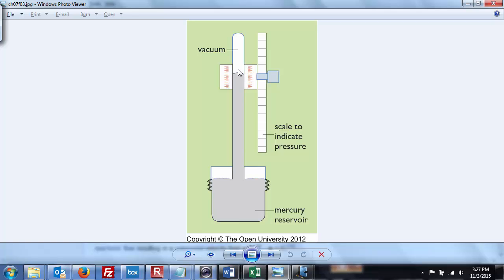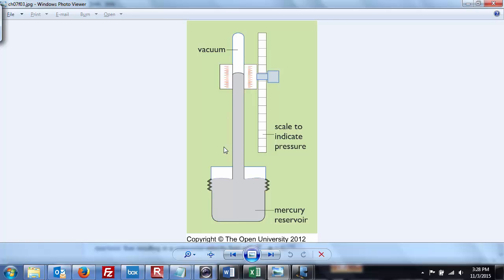Gravity is more or less forcing this column of mercury down into this ball of mercury. The only thing keeping it from going all the way down is the vacuum here, or more or less a negative pressure pulling it up.